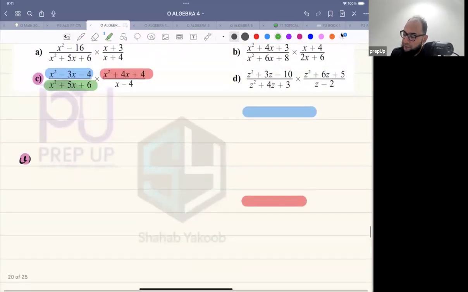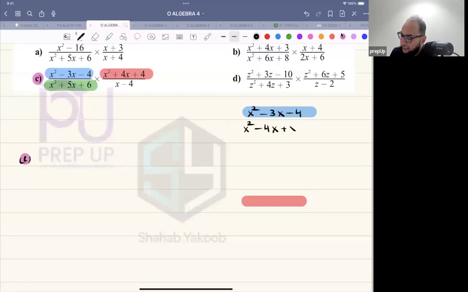Now the very first one, x square minus 3x minus 4, x square minus 4x plus x minus 4, that is x minus 4 plus 1 bracket x minus 4, which can be written as x minus 4, x plus 1. So this is the blue marker thing that is over here.